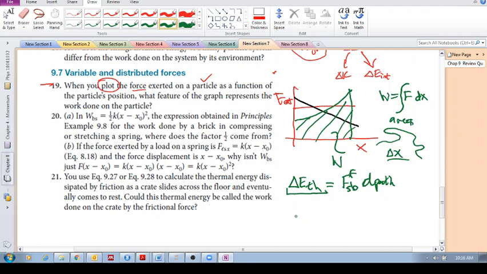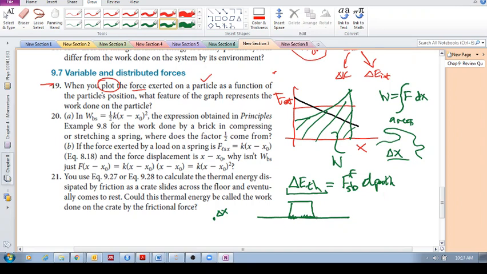Well, we've seen this many times. If you've got the crate and the floor, there's a friction force, but remember the friction force, first of all, is distributed over that whole surface, so it's not possible to find a single point of application that the friction force is being applied at. So we can't calculate the delta x of that point.